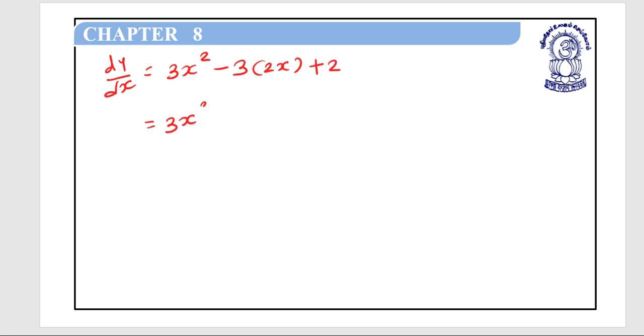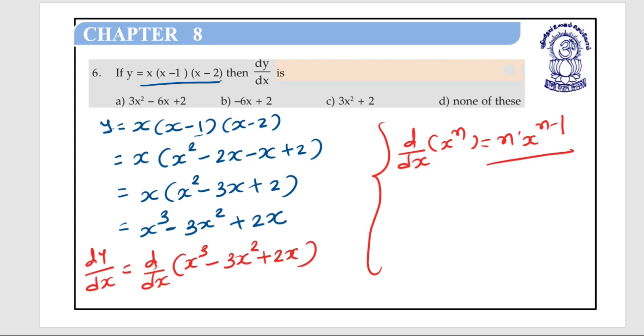So 3x square minus 6x plus 2. So option A is the right answer.